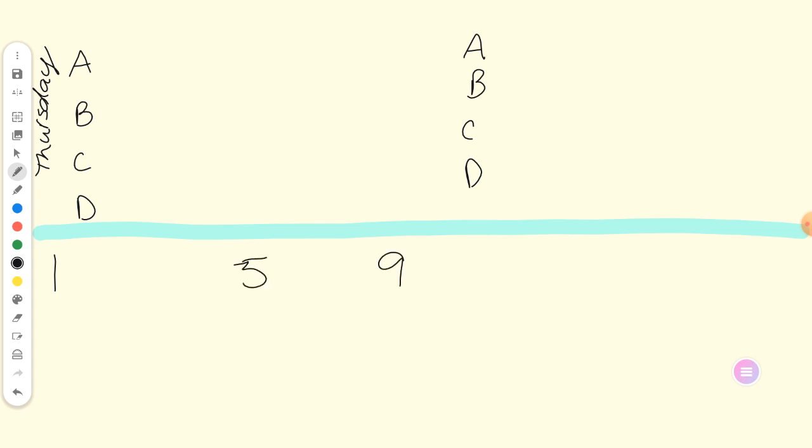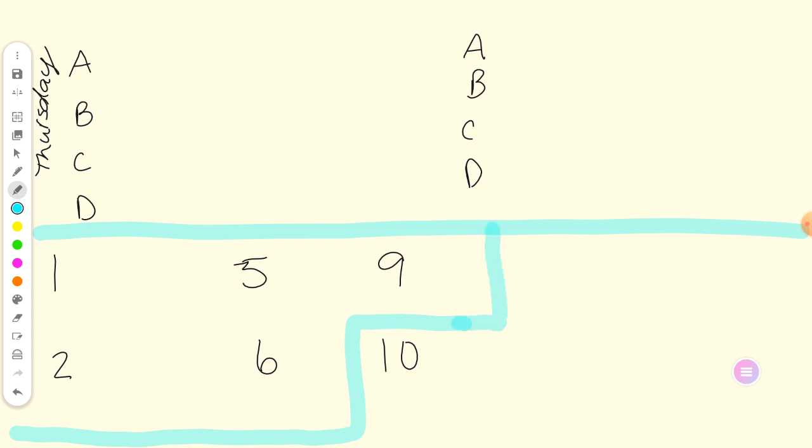On the second row, it's problems 2, 6, and 10. I want you to take your highlighter and just mark it like that. So how many fraction problems do you have on the left side? 5. Okay, and it's not 1, 2, 3, 4, 5. You're doing the top row and then 2 from the next row.